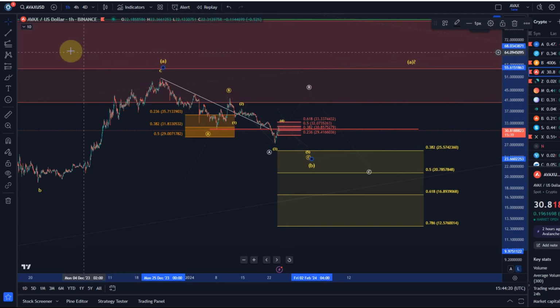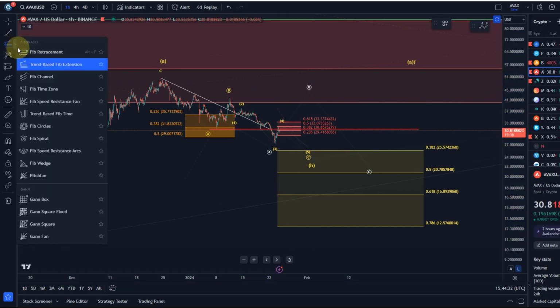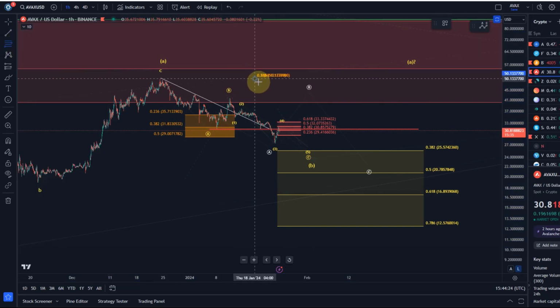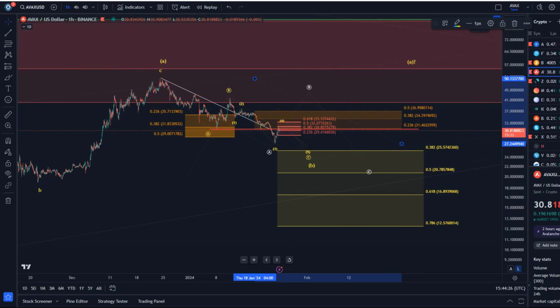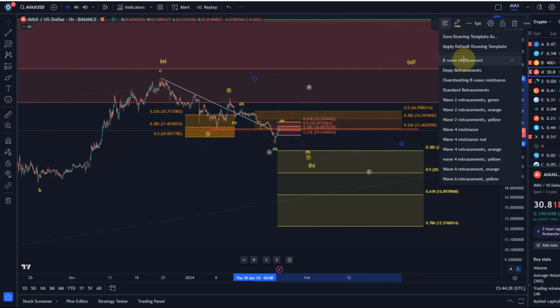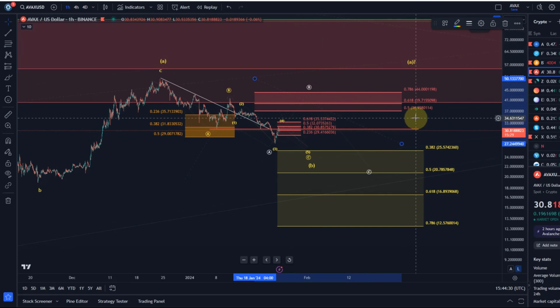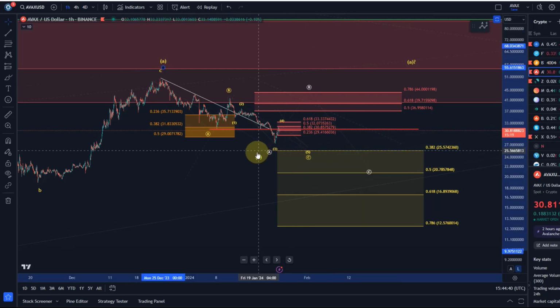If we get above that level, then the main resistance area to watch would be $36.95 to $44. A break above 44 would already indicate that a more substantial low indeed has formed and that all of wave B might have formed.